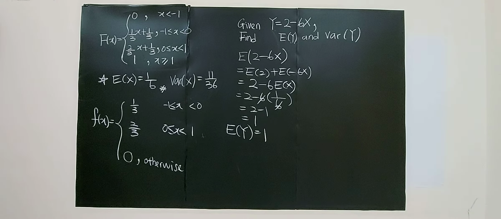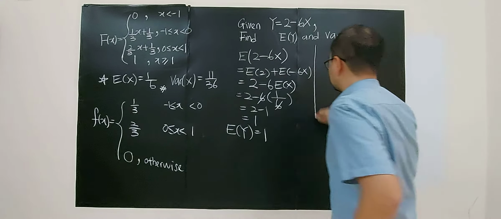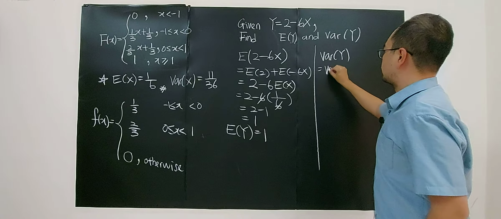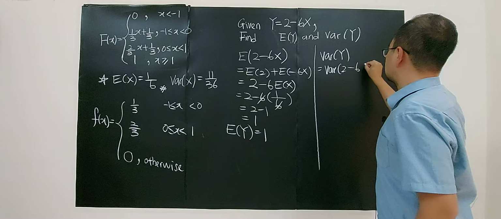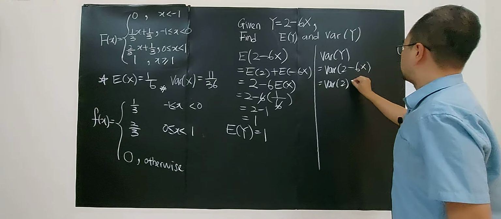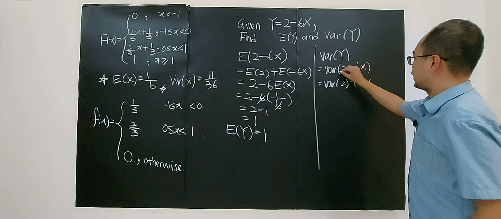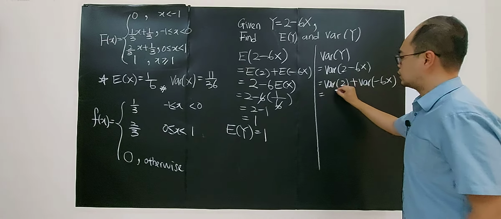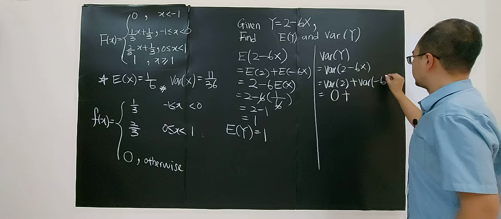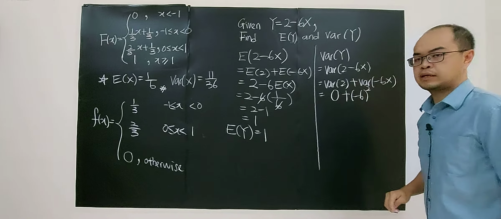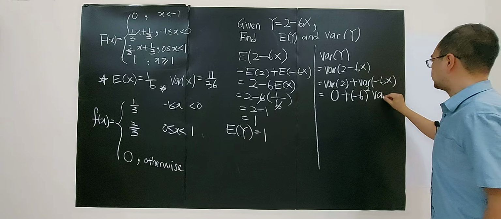So let's find the variance of y. We apply the properties. The variance of y is the same as the variance of 2 minus 6x. By applying the properties, it is the variance of 2 plus the variance of negative 6x. The variance of a constant is 0. For the variance of negative 6x, you take the negative 6 out and you must square it, so you have 36 times the variance of x.